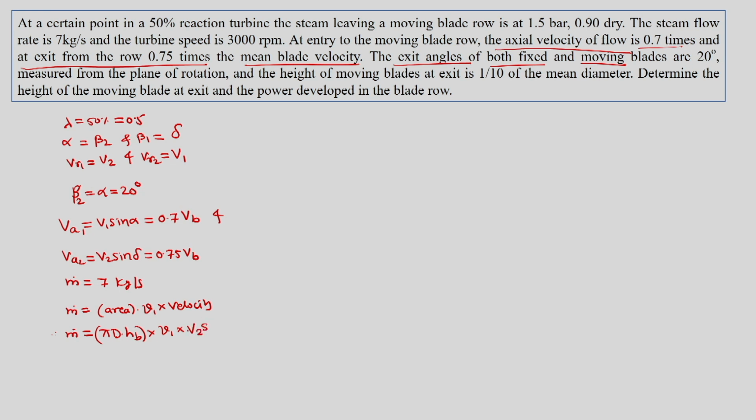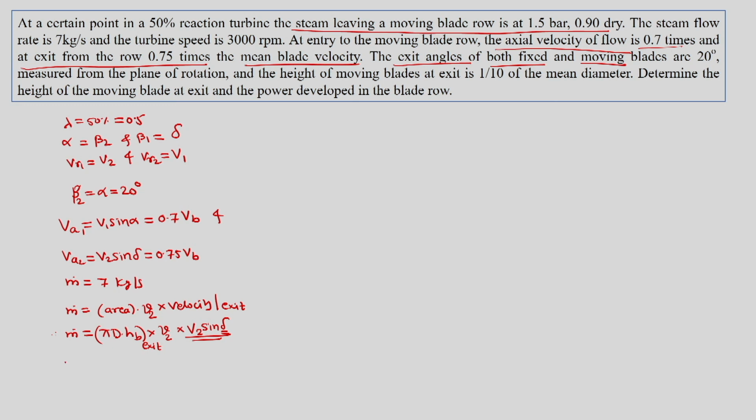The velocity is V2 sin delta. Since we are told that the properties are at the leaving state, we are given V2, and this area is also at the exit. That is why we are using the axial velocity at the exit.